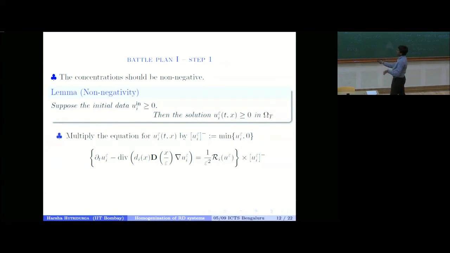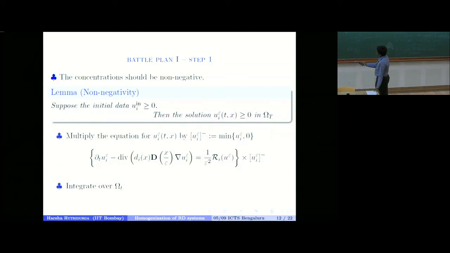And it so happens that the rate functions which come from this reversible chemistry are well adapted to getting a sign for this term, so that when you multiply R_i by u_i minus, you get the proper sign to conclude that your solution stays non-negative. So you multiply, integrate by parts, do the same thing, and it will always work.